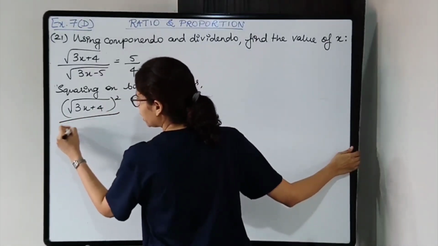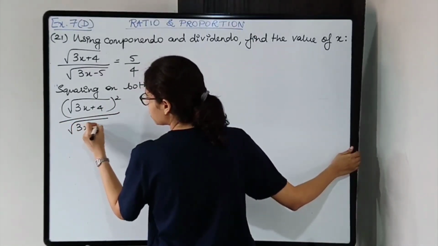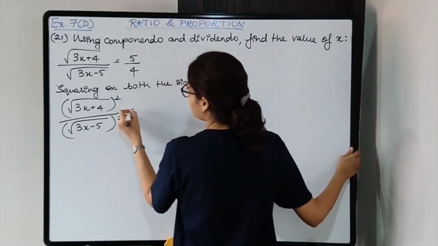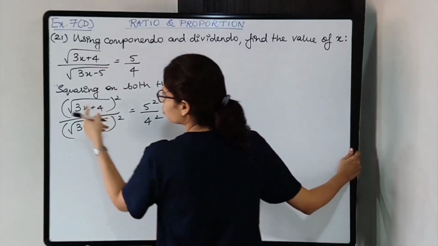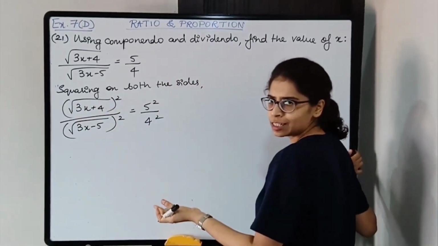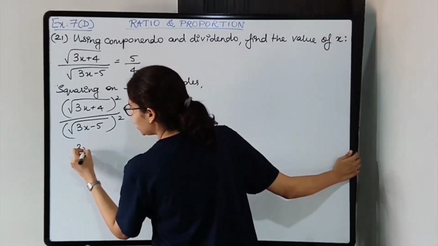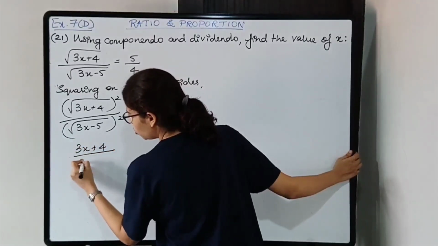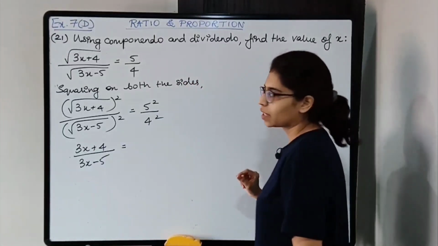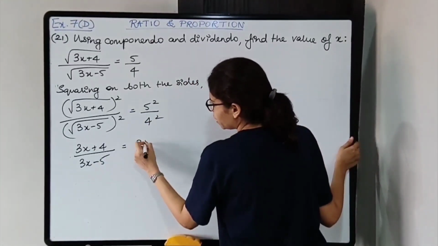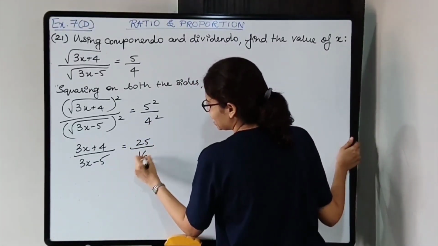Same thing in denominator, root of 3x minus 5, the whole thing squared, 5 squared, 4 squared. Okay, so square root and square cancel each other, so you are left with 3x plus 4. Same thing over here, 3x minus 5. Okay, over here 5 squared is 25 and 4 squared is 16.